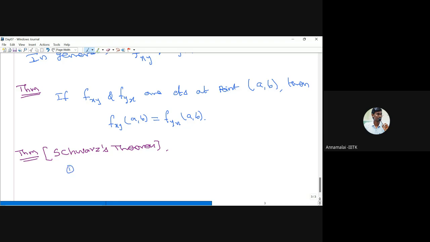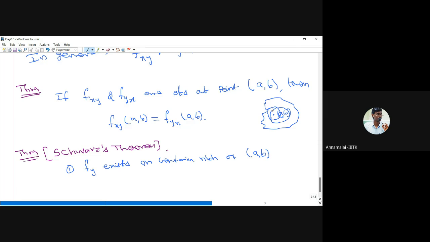Suppose the first condition is that the derivative of f with respect to y exists on a certain neighborhood of the point a comma b. A neighborhood is nothing but an open set containing that point a comma b. We can draw so many neighborhoods.